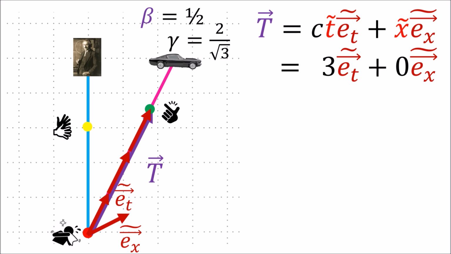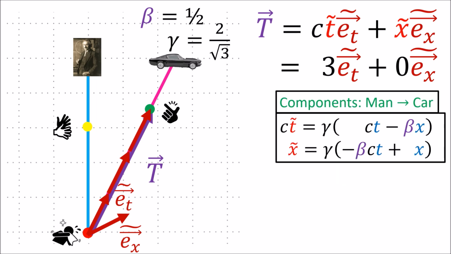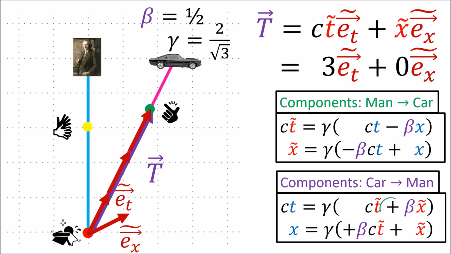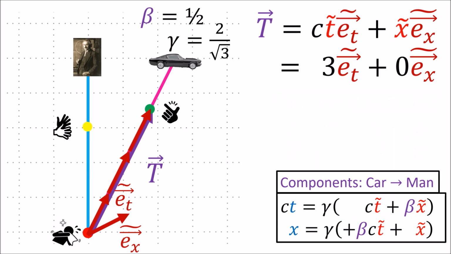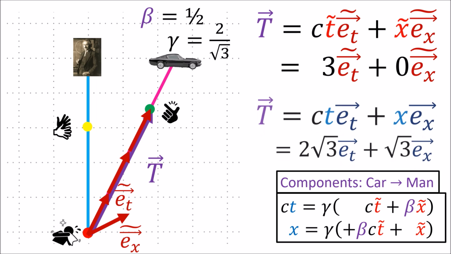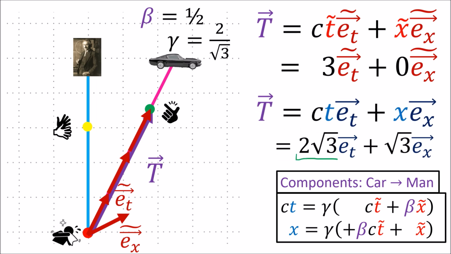Now we can convert these to Einstein's components using the Lorentz transformation, but with positive beta coefficients this time because we're going in the reverse direction. And if we work it all out, we get that T for Einstein equals 2 times the square root of 3 time vectors plus root 3 position vectors.